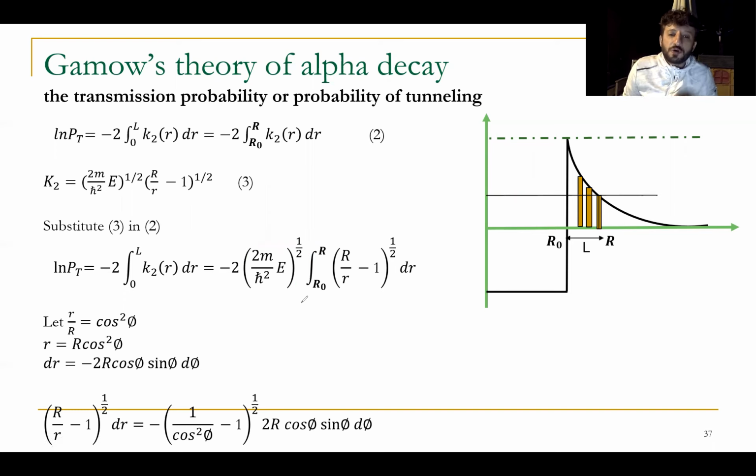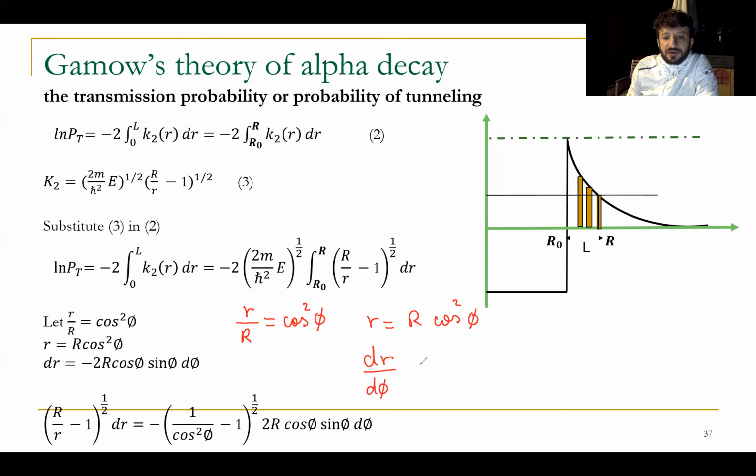Okay, to solve this integral, we can take small r divided by capital R equals cosine square phi. So r equals capital R cosine square phi, and dr divided by d phi is equal to 2R cosine phi times minus sine phi.